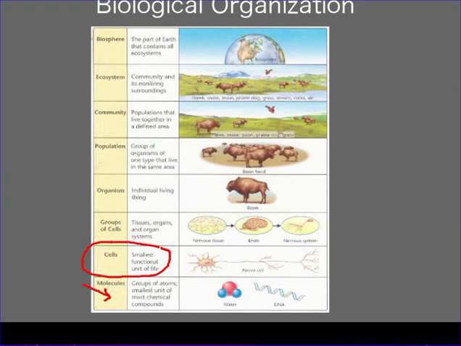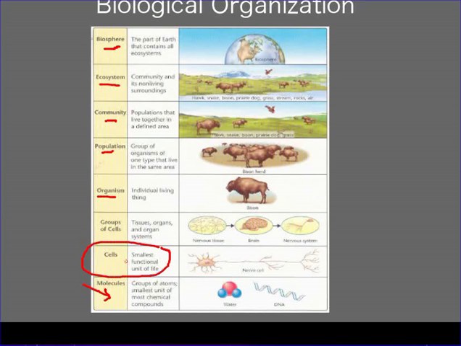A bunch of cells is tissues or organs, which create an organ system. A bunch of organ systems in one person or thing is an organism, which is a living thing. A bunch of organisms makes a population. A bunch of populations living together makes a community, and a community surrounded by non-living things is an ecosystem, and the part of the earth that contains all ecosystems is a biosphere.